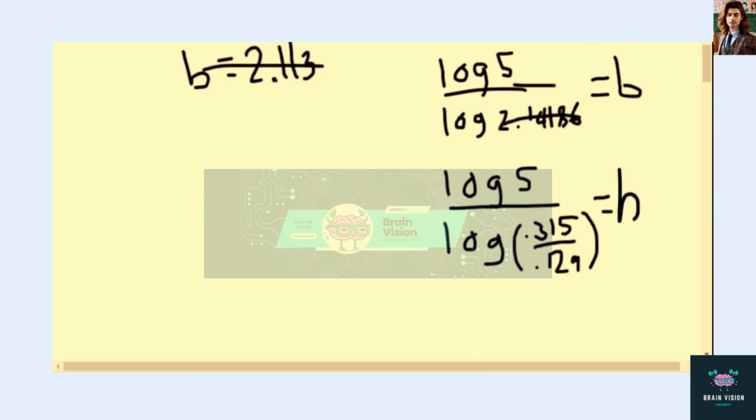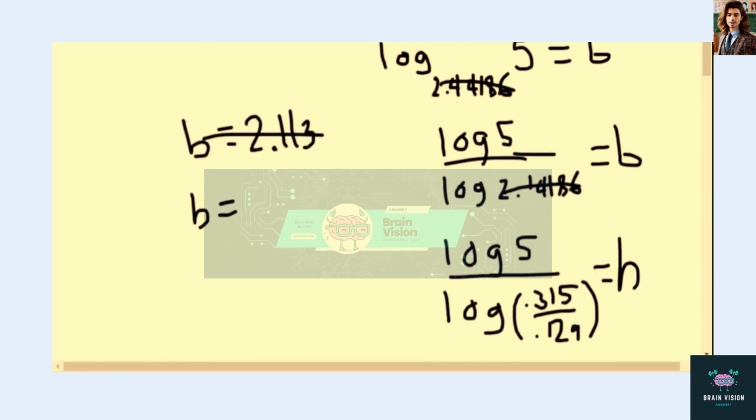That is B. So now that gives me a B, using my calculator here, of 1.80.